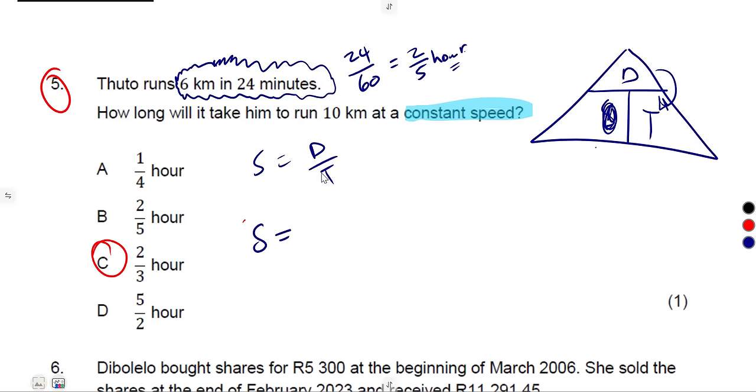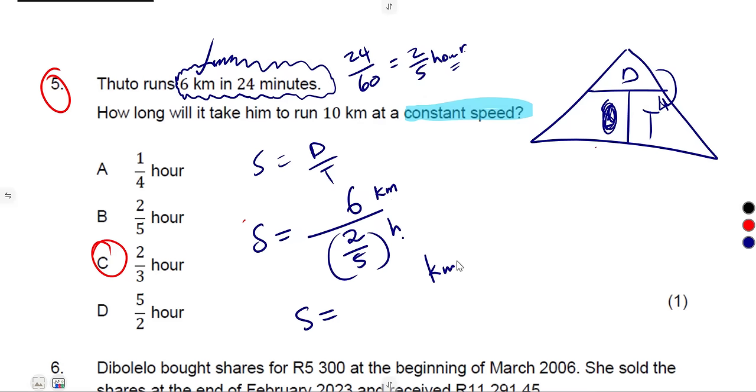So speed is distance in kilometers, 6, over the time in hours, so we are going to obtain our speed in kilometers per hour. Take note of the units. If you use the minutes, it was going to be kilometers per minute. So you must know what you're working with.